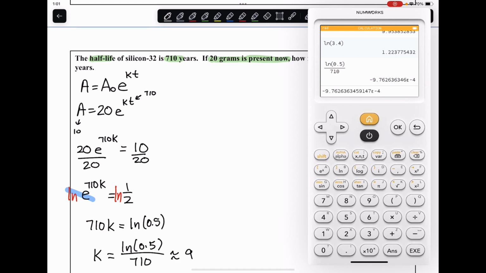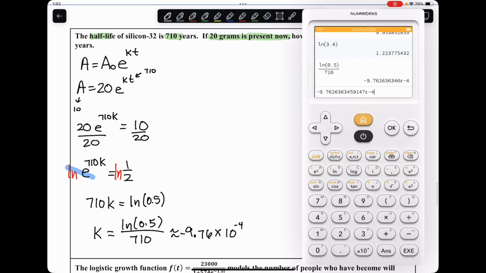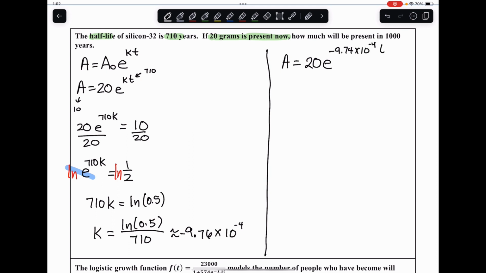So let's say negative 9.74 times 10 to the negative 4 power. That's what that e stands for, times 10 to the negative 4. So this is our equation.